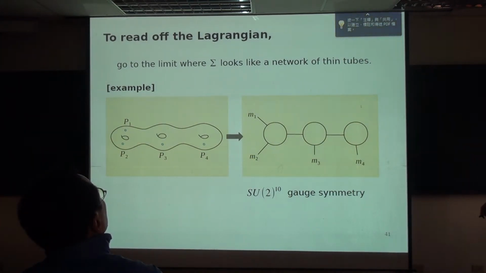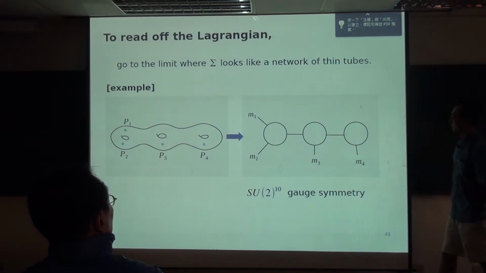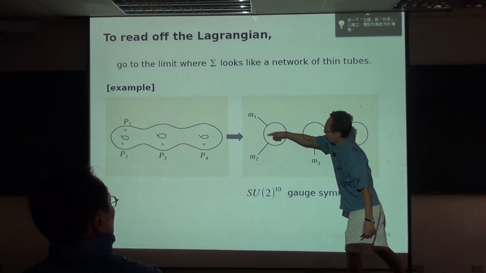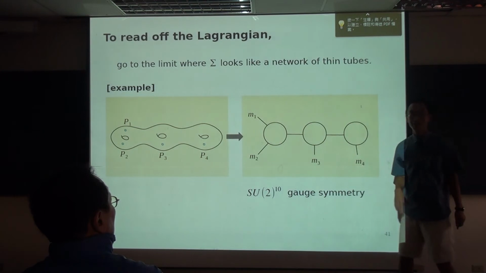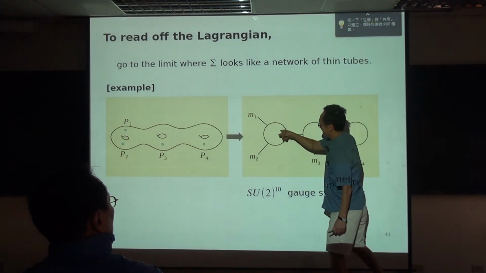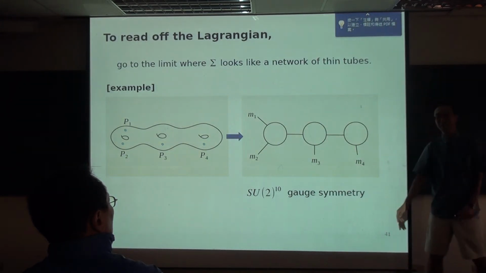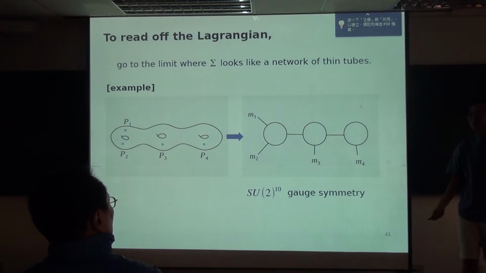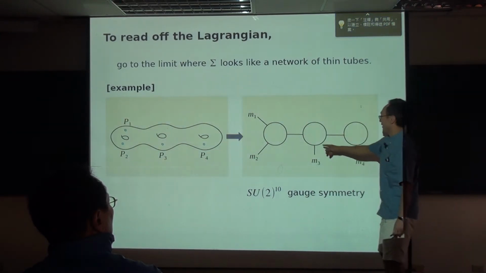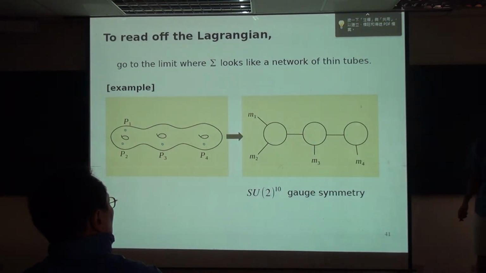I cannot explain in full detail how to do that, but if you have this diagram, I'm counting the number of internal lines: 1, 2, 3, 4, 5, 6, 7, 8, 9, 10. So we get SU(2) to the 10 gauge group, roughly speaking. In addition, for each of the trivalent vertices, some matter fields show up.